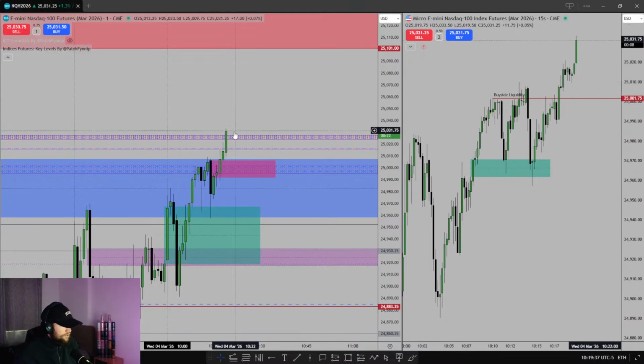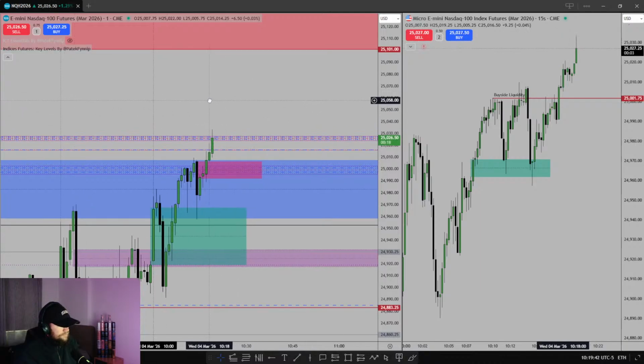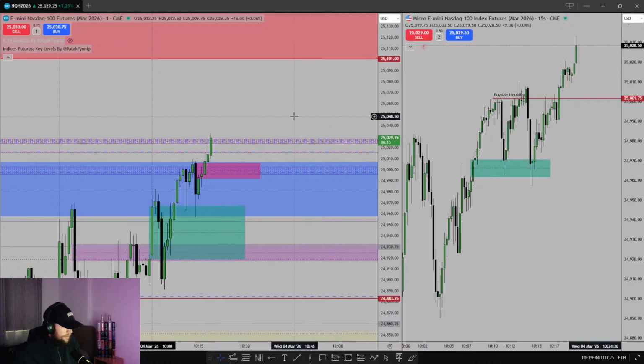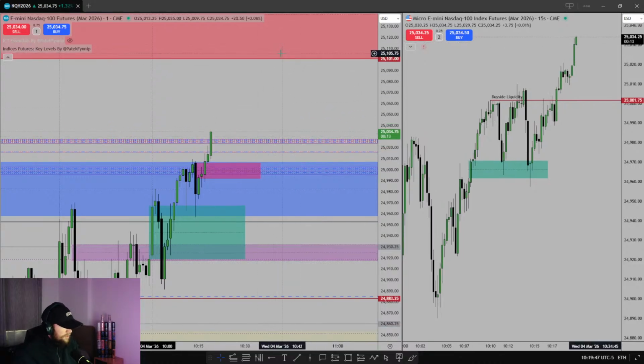That's a nice push here. It might take a little bit longer than usual to trade up into the buy side.